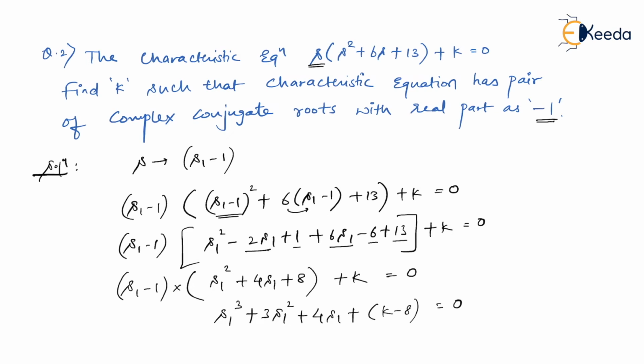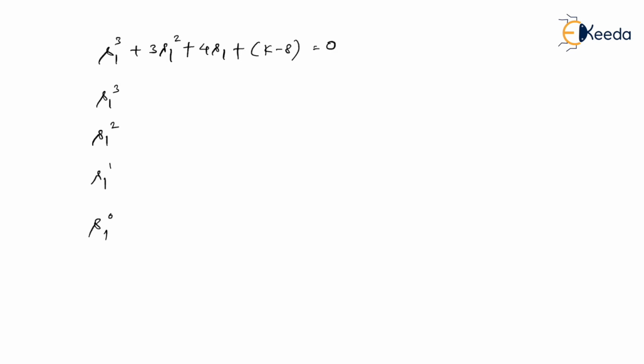Let me go for that. So let me rewrite this characteristic equation here for our reference. It is s1 cube plus 3s1 square plus 4s1 plus k minus 8, and this is equal to 0. So let me start with s1 cube, then s1 square, then s1 and s1 to the power 0.